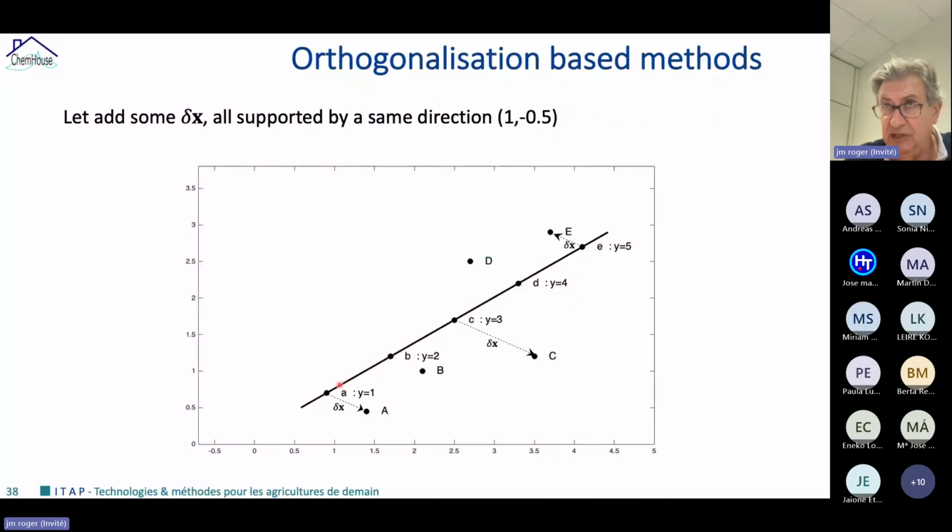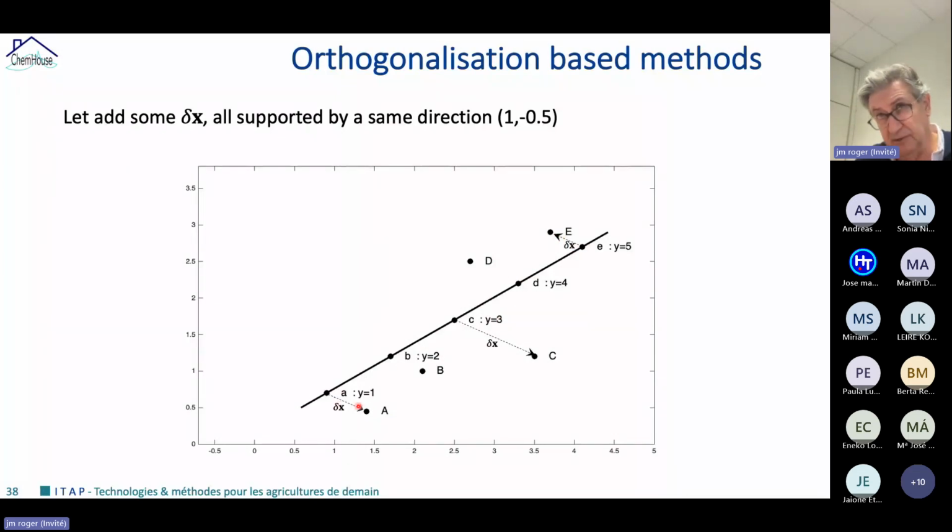Let's imagine that we add delta X. We add some perturbation on our spectra. This produces new points, A, B, C, D, and E, which are shifted with regard to the line. But you can observe that the direction of delta X is always the same.